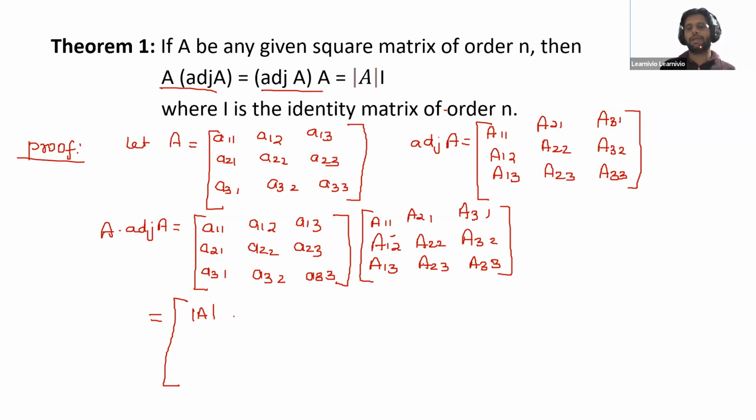But if you multiply any row or column with the cofactors of any other row or column, then the answer will be 0. This is the first row element and this is the second row cofactor, so that will be 0.